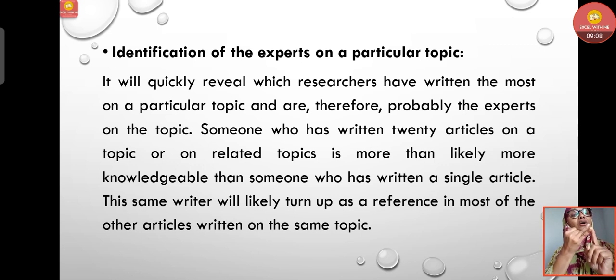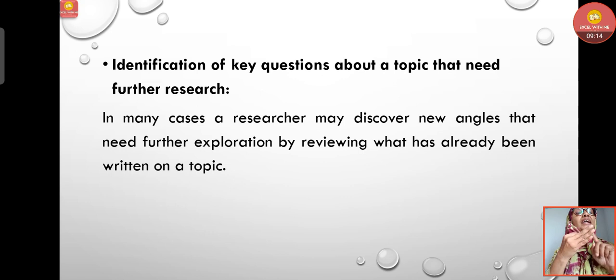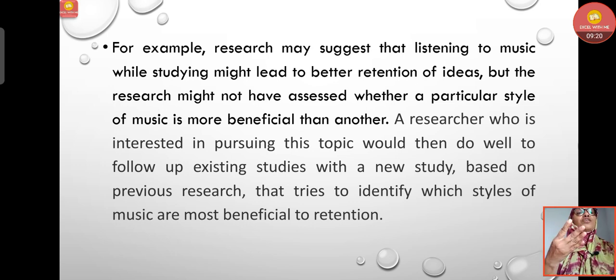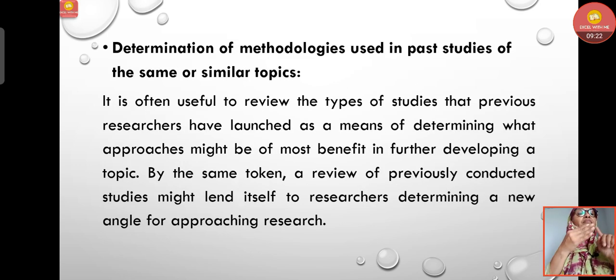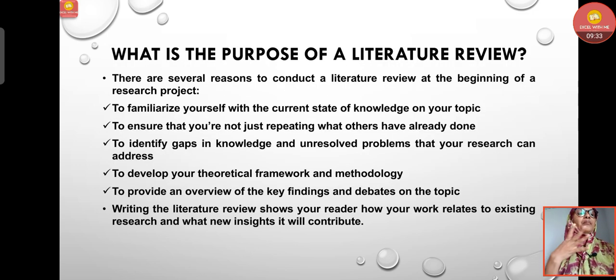Thirdly, identification of key questions about the topic which need further research. Then comes the fourth one, determination of methodologies which were used in past studies and which will be helpful in further new studies. So these are the 4 important points we have to remember.